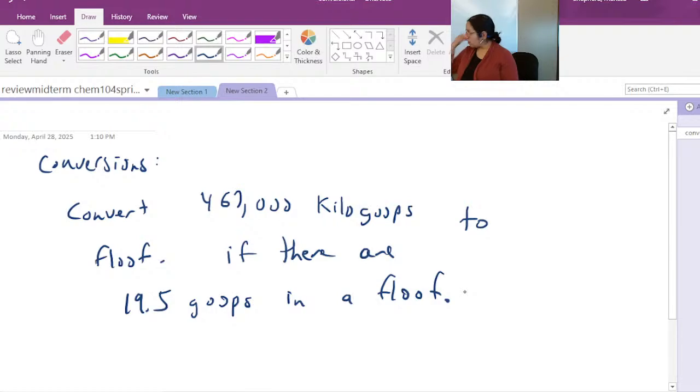So you may get made up units on the exam. 467,000 kilogoops. So these are just zeros. And kilogoops. And you're given 19.5 goops in a floof.